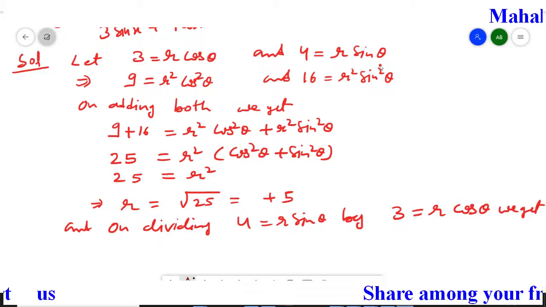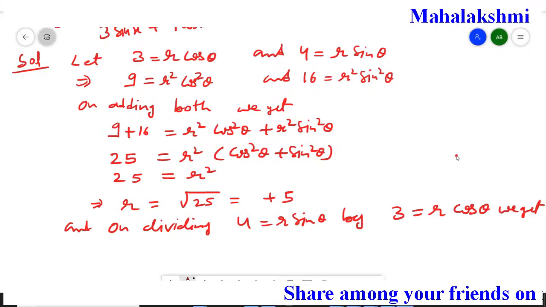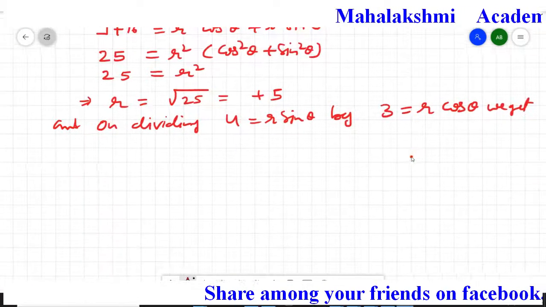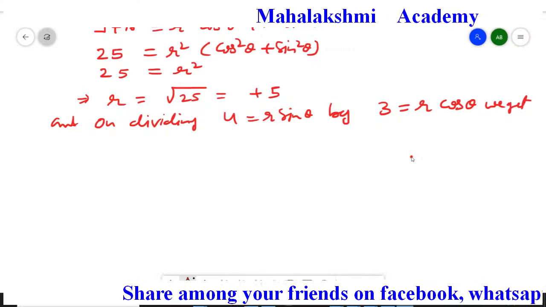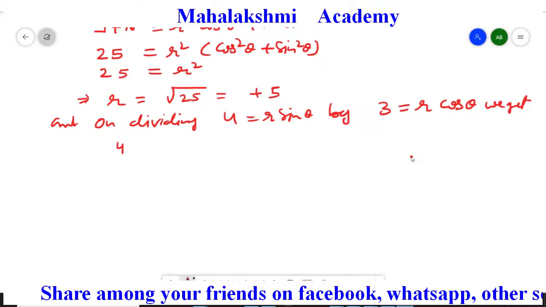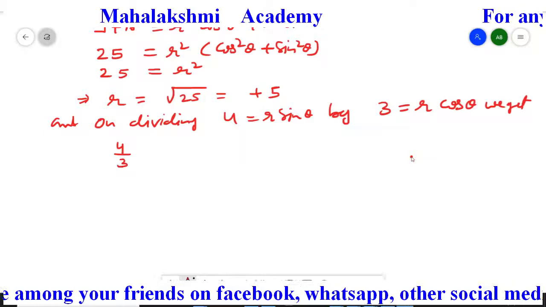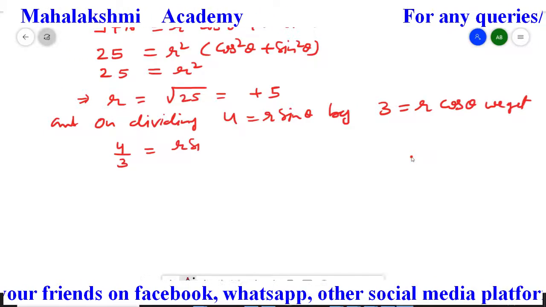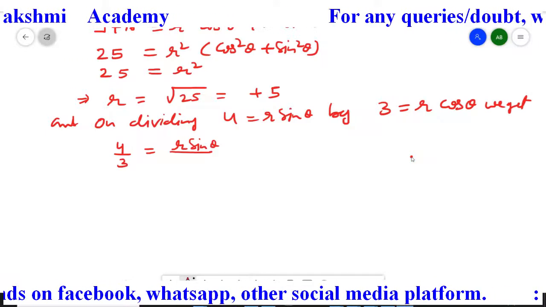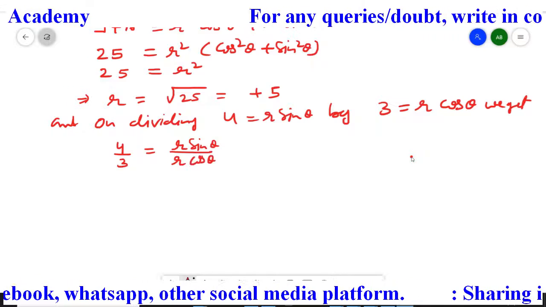When we divide them, we get 4 upon 3 is equal to r sin theta upon r cos theta.